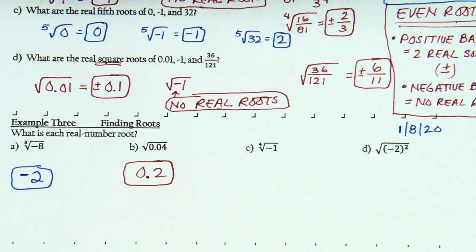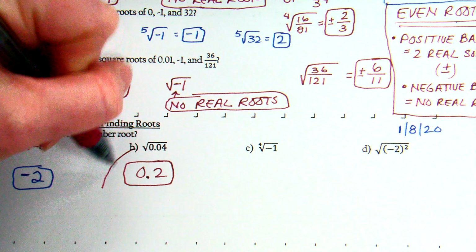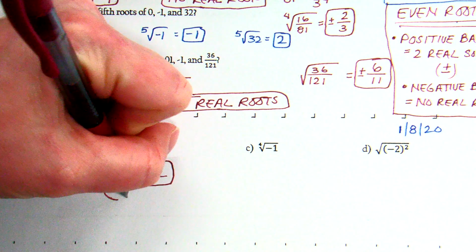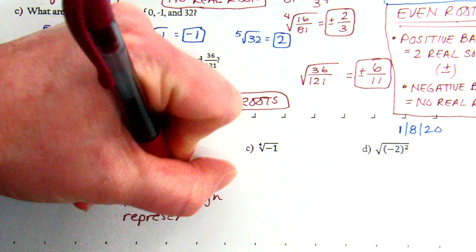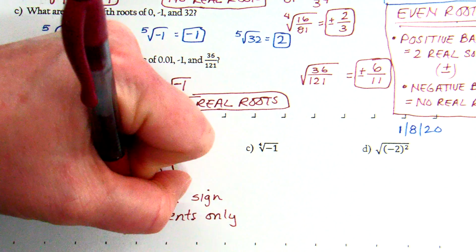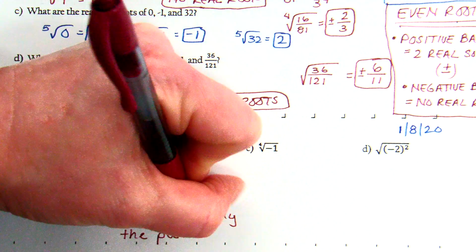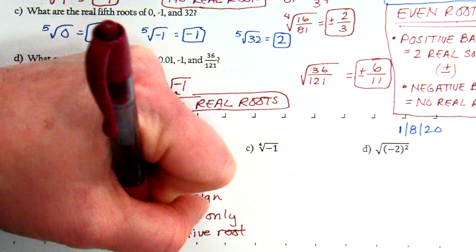And that's when we're talking about even roots, like square roots, fourth roots. So I'm going to write a note here, so you have it to see. And I'm going to say, the radical sign represents only the positive root in an even root.